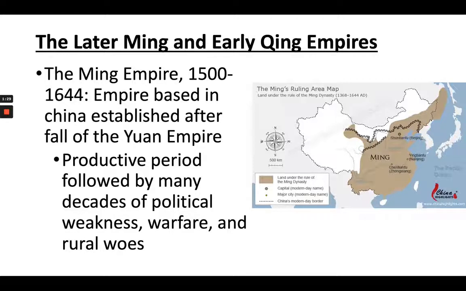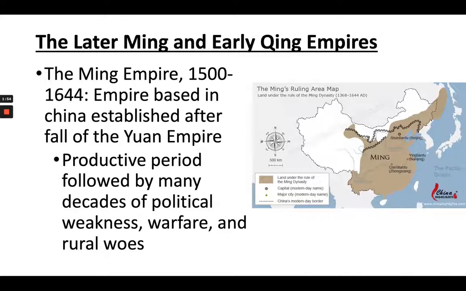They wanted to really set themselves apart from the Mongols, so they stopped doing the Silk Road trade. They really stopped doing a lot of exploration. A notable exception to this would be under Emperor Yongle and the treasure ships and tribute missions of Zheng He.